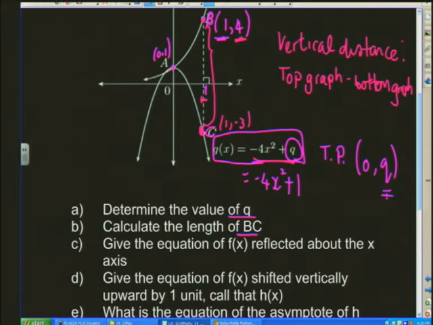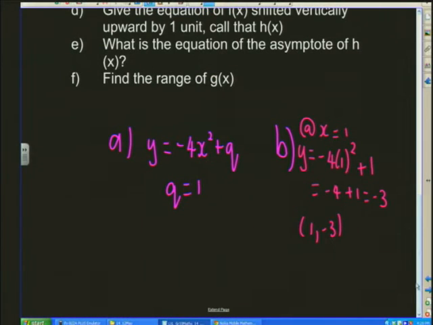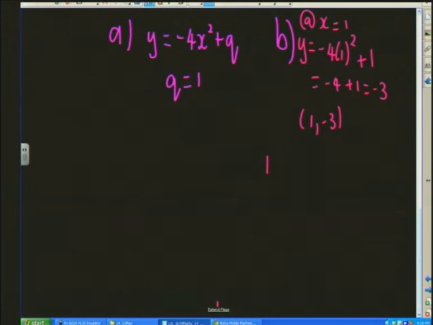Remember, we're looking for the vertical distance BC, therefore we had to first work out the y coordinate at point C. So the distance BC is going to be the y value on the top, the y value being 4, minus the y value on the bottom graph. So it's going to be 4 minus negative 3, which is going to give me 7. So BC is 7 units.